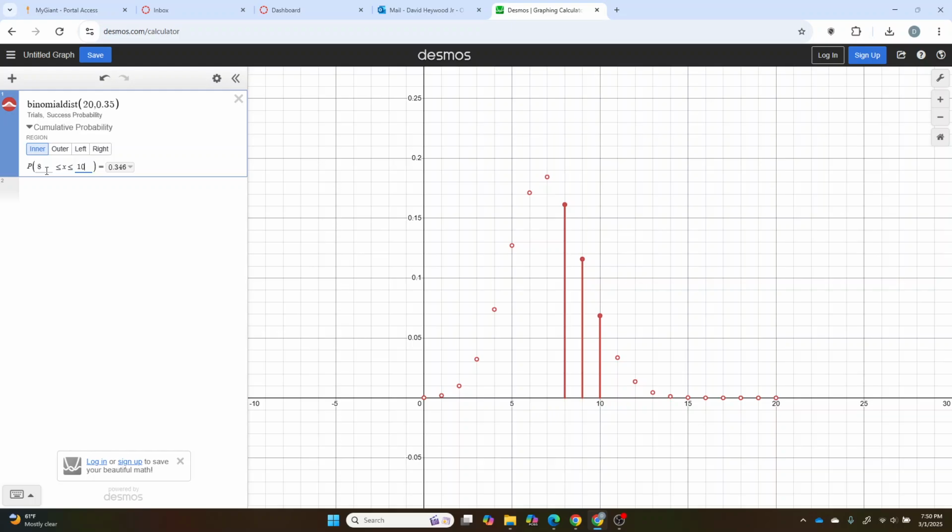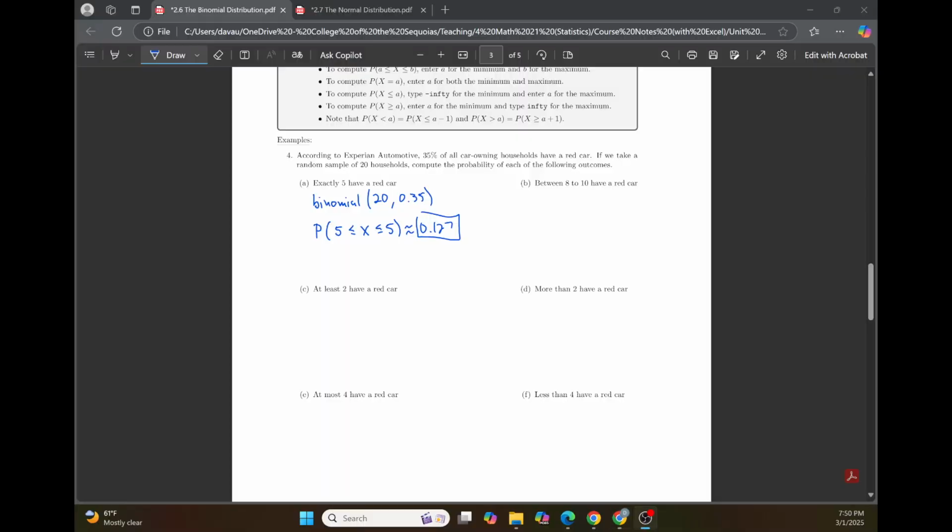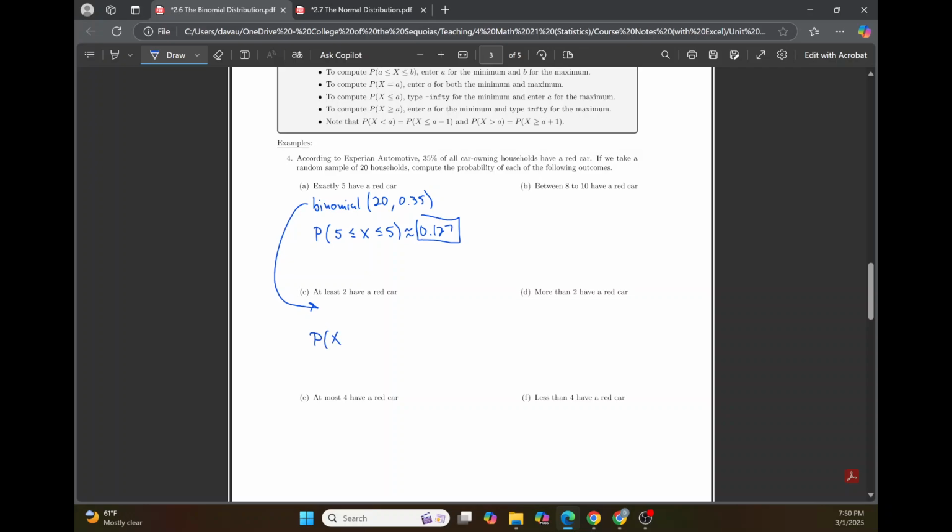For part C, we're asked for the probability that at least 2 households have a red car. Okay, so again, we're going to use the same binomial distribution, but we're looking for the probability of at least 2. So we want the probability x is at least, that's 2 or more, right? Greater than or equal to 2.